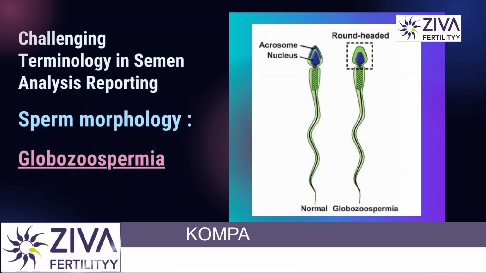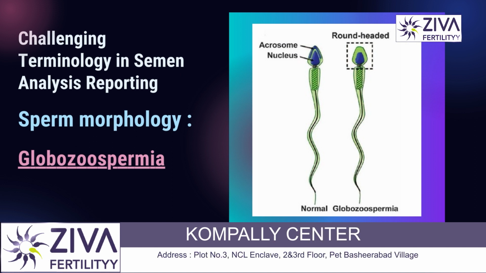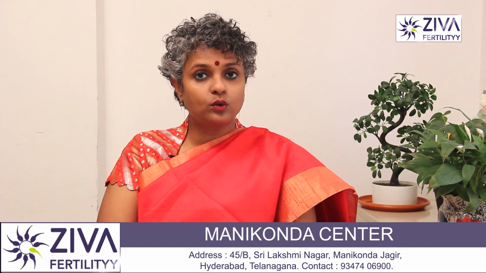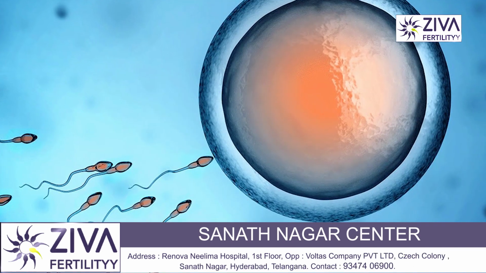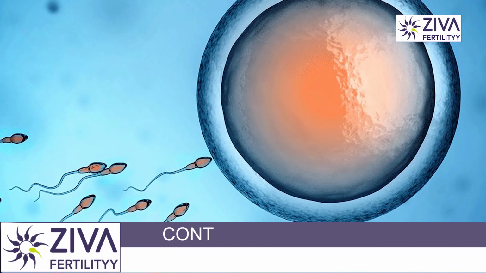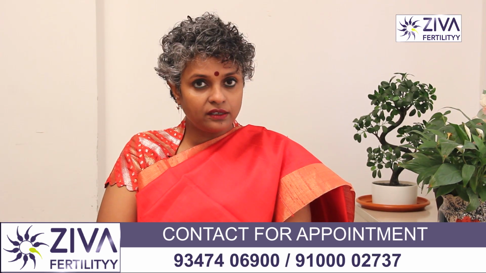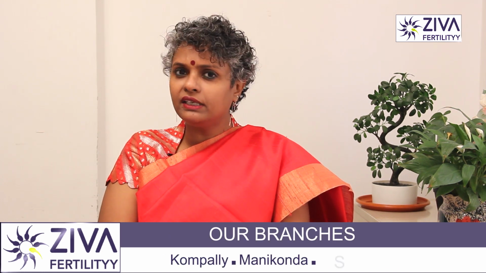Now a sperm has a head, mid-piece, tail, as we are aware. The head has a cap-like structure which is called acrosome. This acrosome is critical for fertilization. Once the sperm reaches the egg, the outer shell of the egg and that cap of the sperm interact with each other, the sperm is able to go inside the egg and fertilize it. So you can understand that without the cap, this activity will not happen.